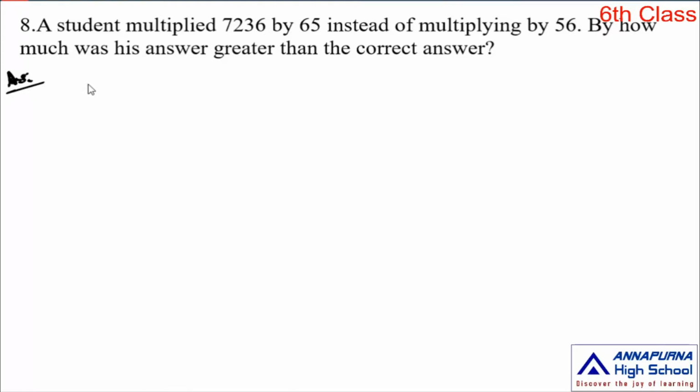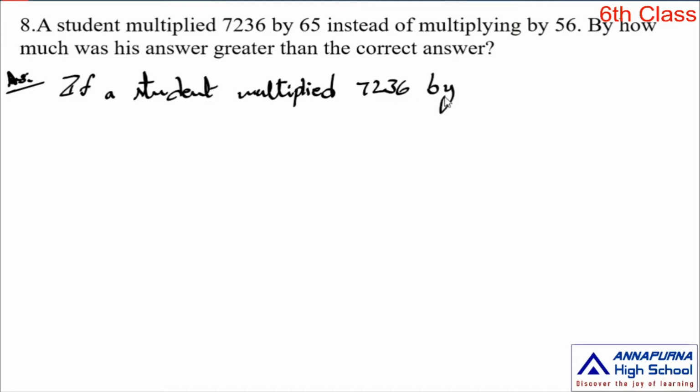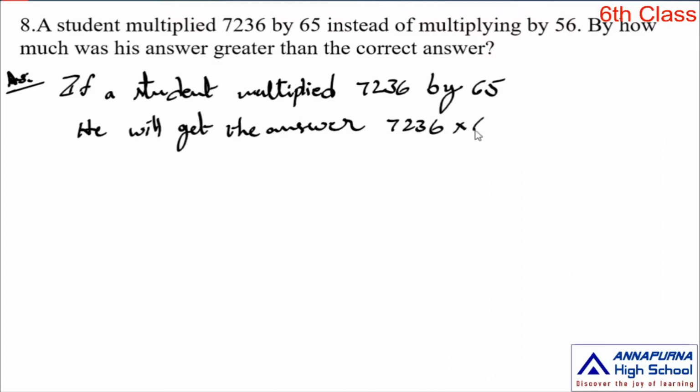If a student multiplied 7,236 by 65, he will get the answer 7,236 into 65.